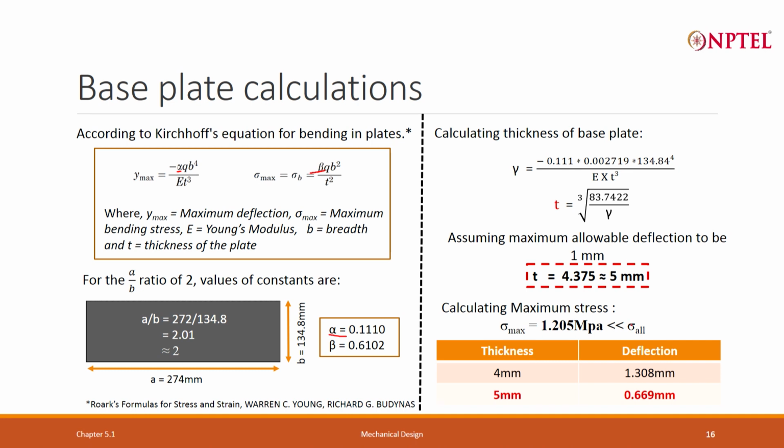Sigma max should be less than the allowable stress, this is my design criteria for that particular material. So, this t equal to 5 mm thickness solves both the problems. It solves the maximum allowable stress, as well as the maximum deflection problem, which I have already selected as 1 mm.